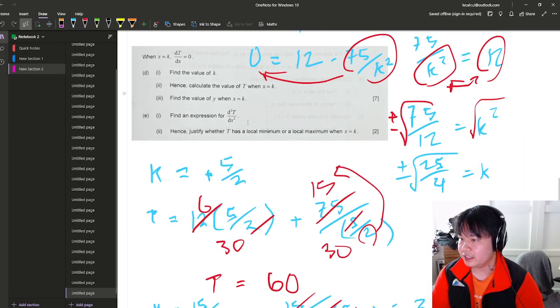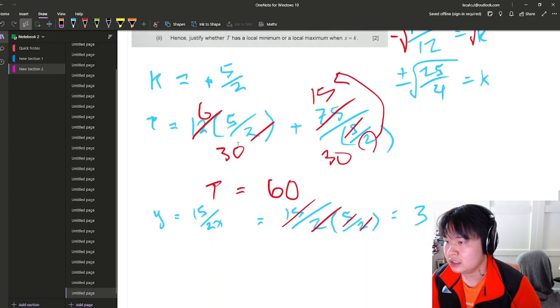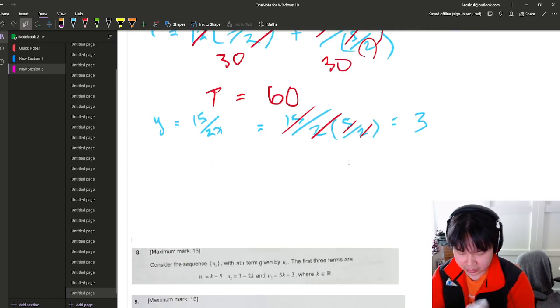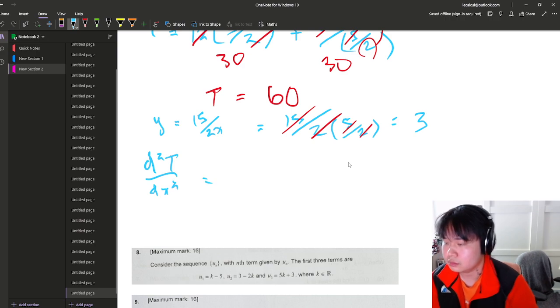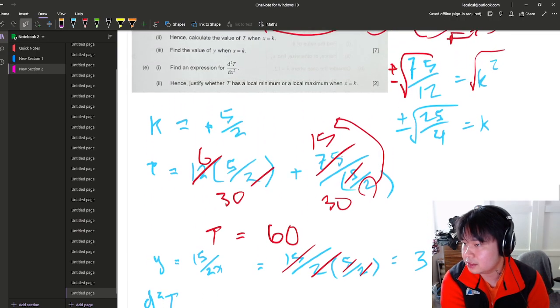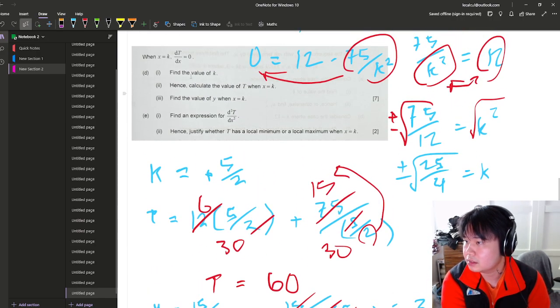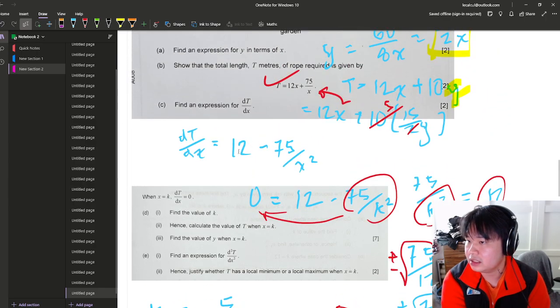Okay, find an expression for d squared t over dx squared. Okay, second derivative. Okay, we have the first derivative. So just take the derivative again. What is the first derivative? Right here.